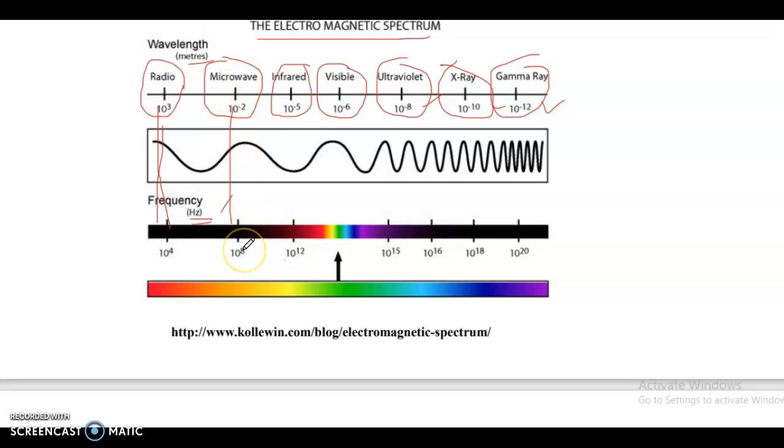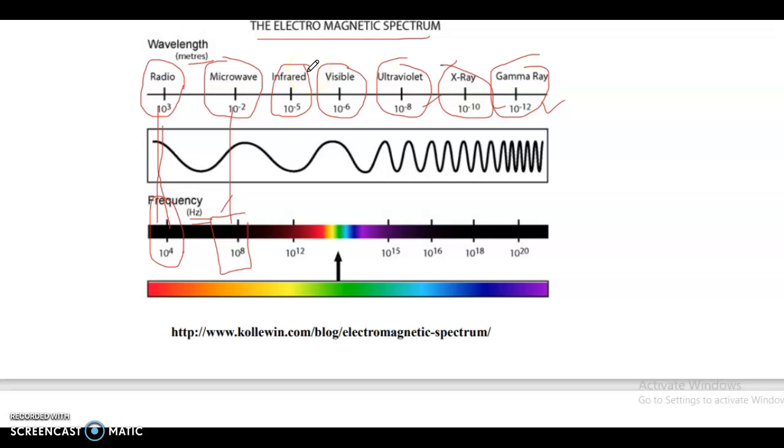Microwave, in 10 power minus 2 meter, frequency is 10 power 8 hertz. Here radio signal, that wavelength is 10 power 3 meters, frequency is 10 power 4 hertz.